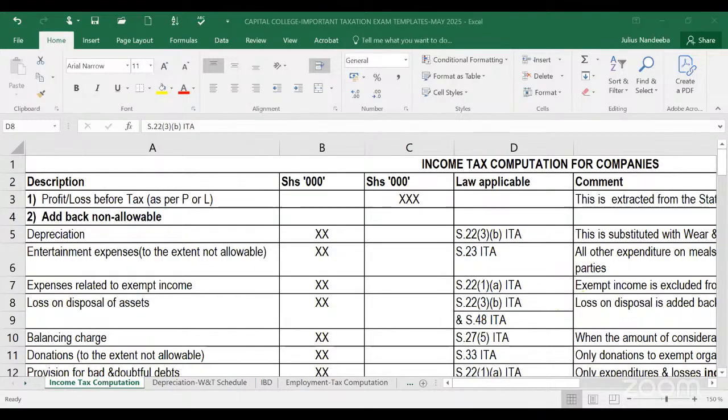As you look at the details of distribution costs, look out for expenses that are not supposed to be allowable deductions and take them to the tax computation. So we are looking for only expenses that should not be allowed as tax expenses, and then we are adding them to the tax computation. Now, when we get to the other information, additional information is just a breakdown of what they have given you in the summary.